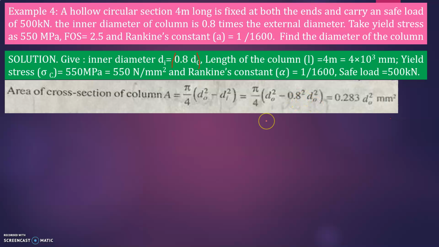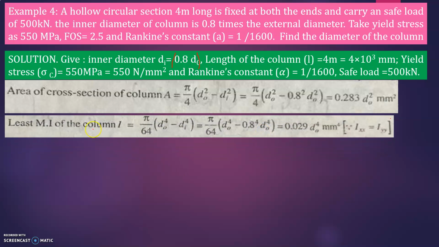Now we'll calculate I. I is equal to pi divided by 64 into d naught to the power 4 minus di raised to the power 4. Substitute the values. Again, we don't know d naught, so let it be d naught to the power 4 minus di, where di is 0.8 times d naught.